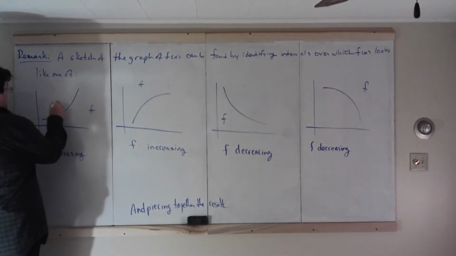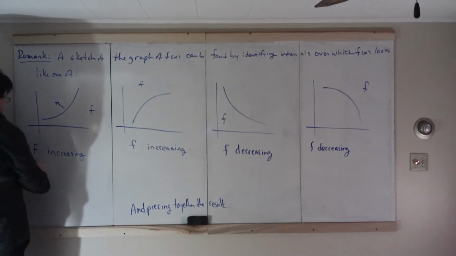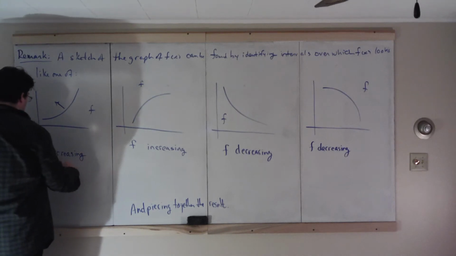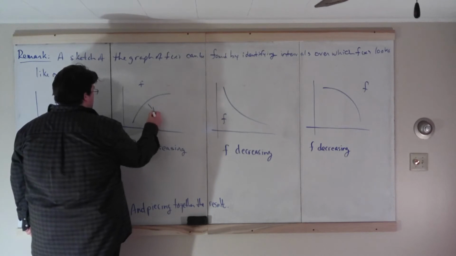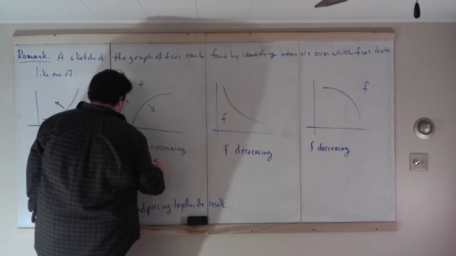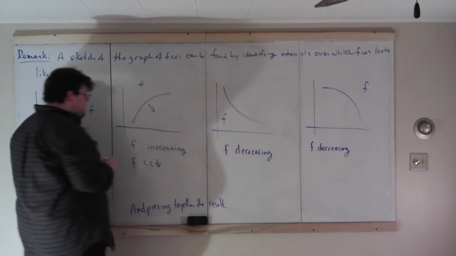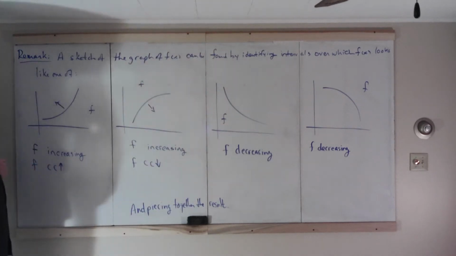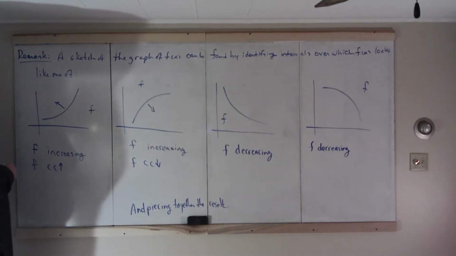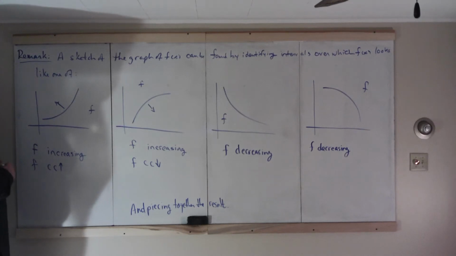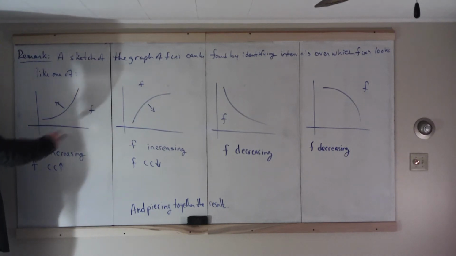Here, f is concave up. Here, f is concave down. So the concavity will allow us to differentiate between whether something is increasing quickly versus slowly.